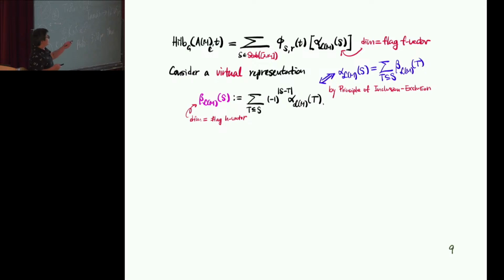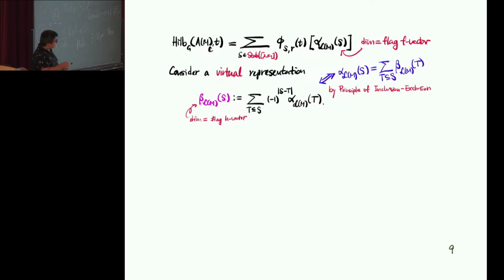And what we do is, we consider a virtual representation, which is defined by using this alpha, this permutation representation, in this way. And when you count the dimension in poset topology, this thing is actually something called the flag h-vector, but now we also configure the group action on it.